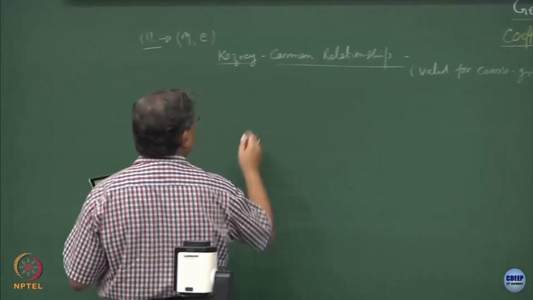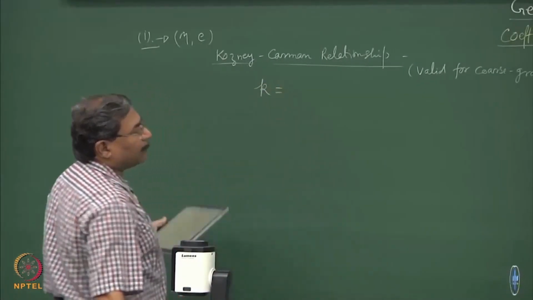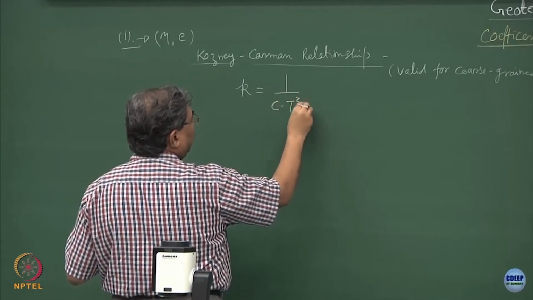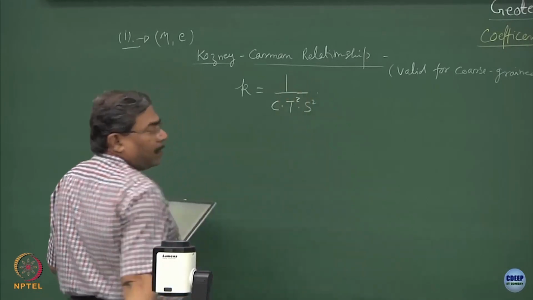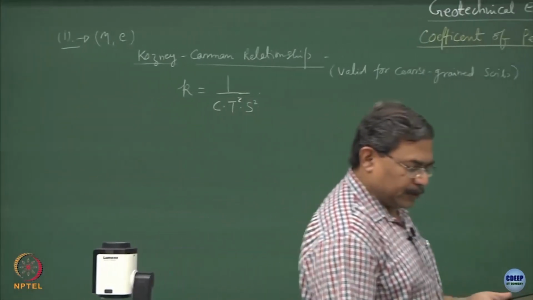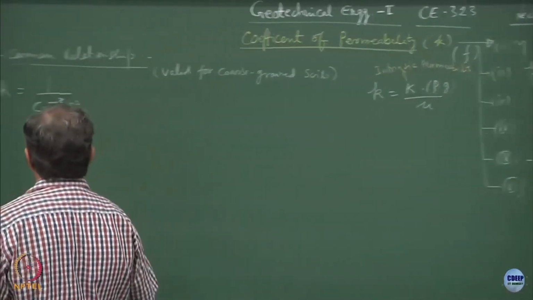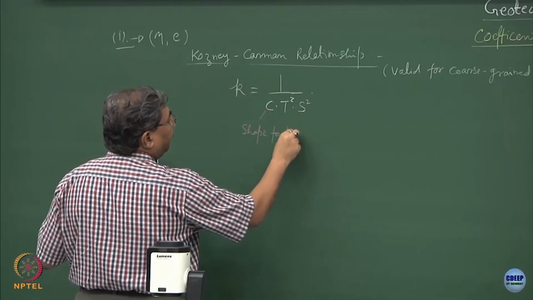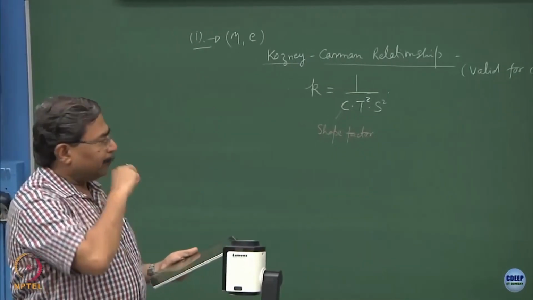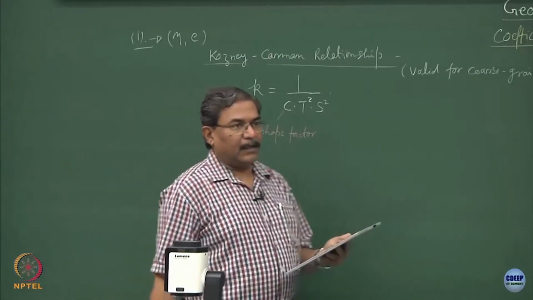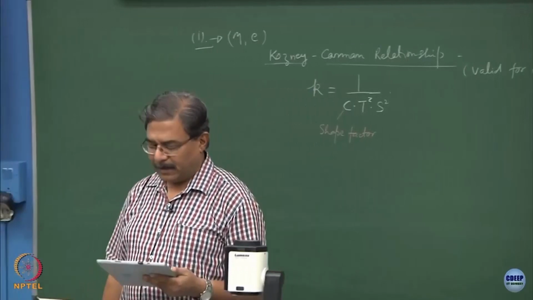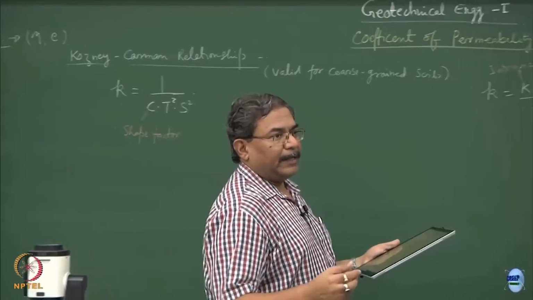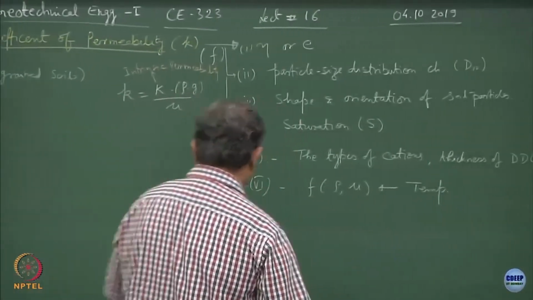And it is written as the coefficient of permeability is equal to 1 upon C multiplied by T square into S square. C is the shape factor, it is understood that if the particles are spherical in nature, coefficient of permeability is going to be higher as compared to the particles which are flaky or the particles which are angular or subangular.